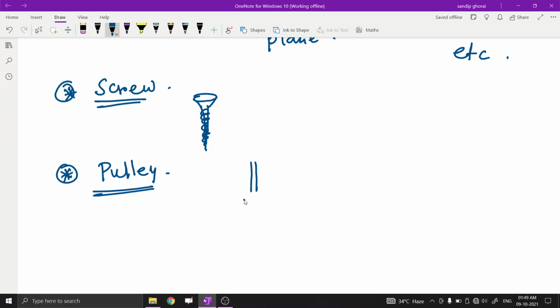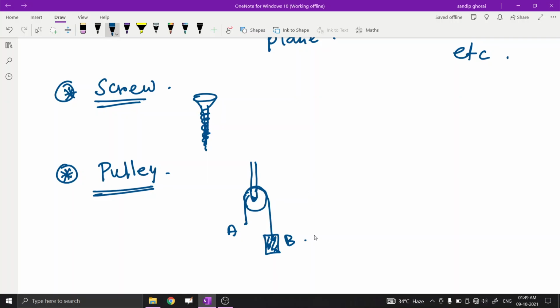If we take this, this is your pulley. You put a force at point A, and you move the body B upwards or downwards by using the pulley with less amount of force.